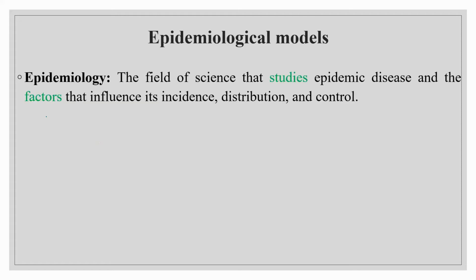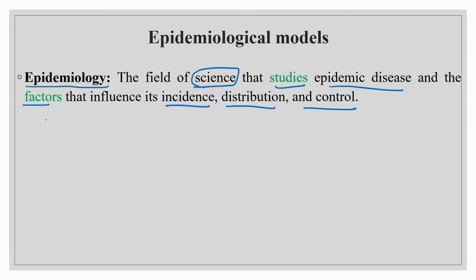Now we will understand what we mean by an epidemiological model. For this we need to understand what epidemiology is. Epidemiology is a field of science that studies epidemic diseases and the factors that influence their incidence, distribution and control.